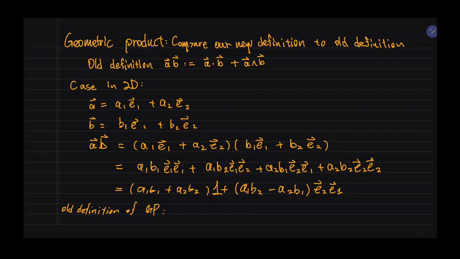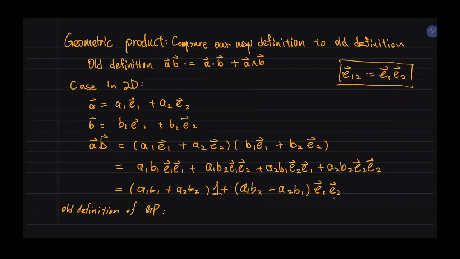And in further videos, we will like to write this bivector in a more compact form. So we will write, for example, e2 e1 is equal to e21. Oh no, sorry, this is supposed to be e1 e2. Then we will write e1 e2 as e12, just a notation.